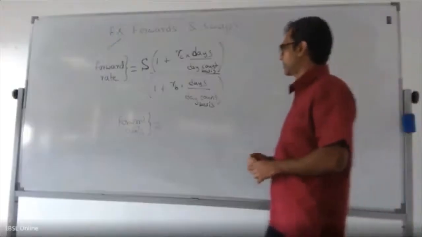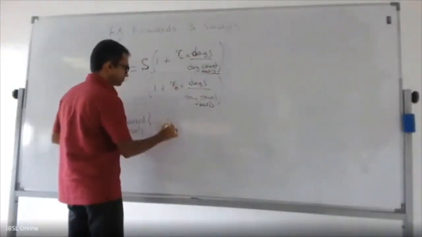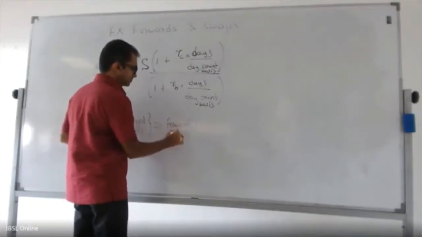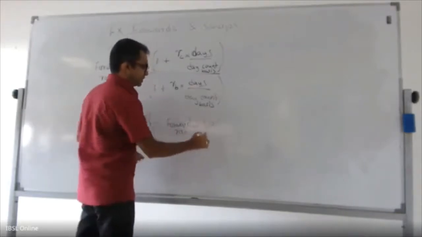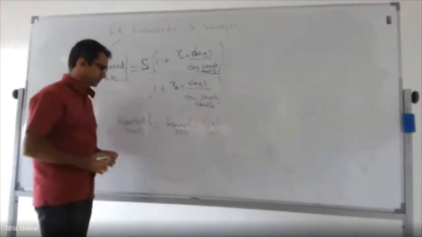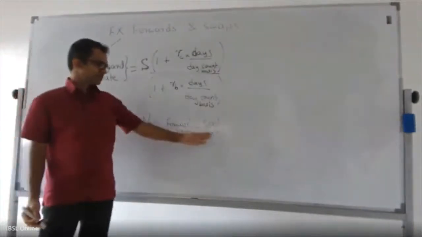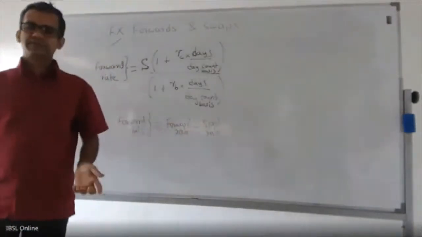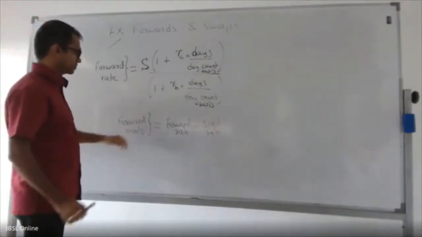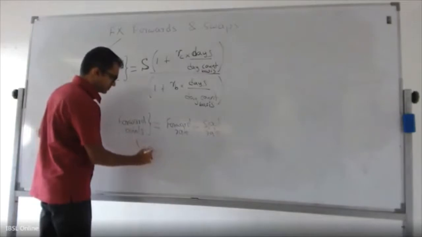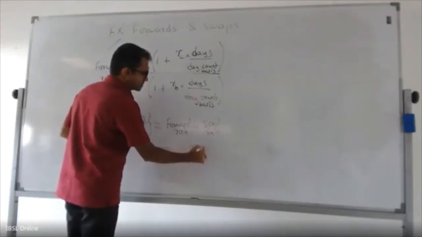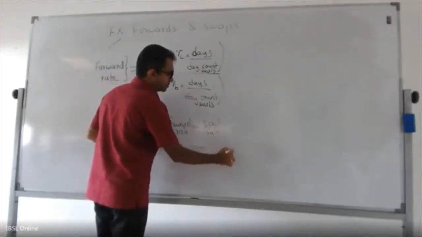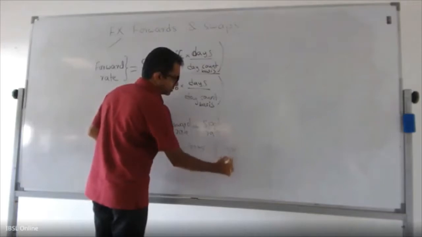Forward rate minus spot rate. But when you do this, it will come as a decimal figure, and generally forward points are expressed in terms of pips or points.